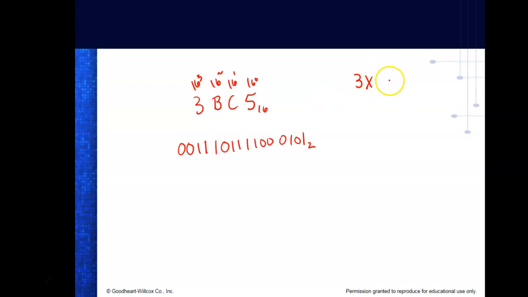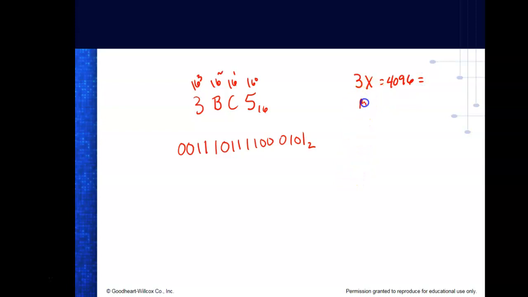So I'd say 3 times 16 to the third. What's 16 to the third? It's on y'all's chart there. Yeah, 4,096. I can multiply that out.